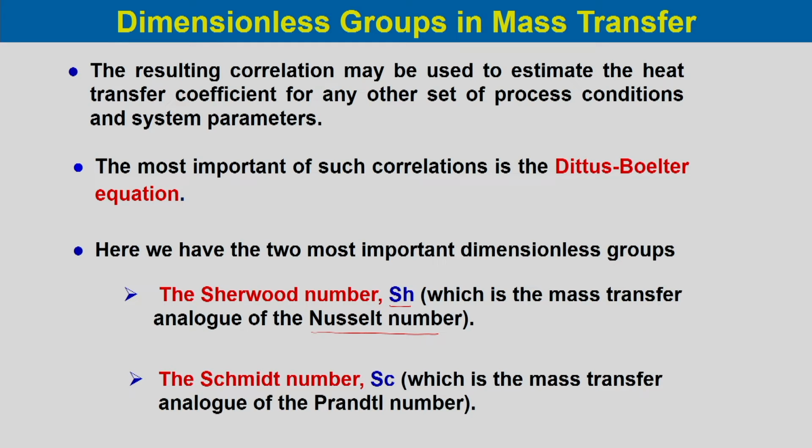This is also the mass transfer analog of the Prandtl number in heat transfer. So, these two important dimensionless groups also relate with the heat transfer. We have some more dimensionless groups which we will discuss in the later part of this lecture.